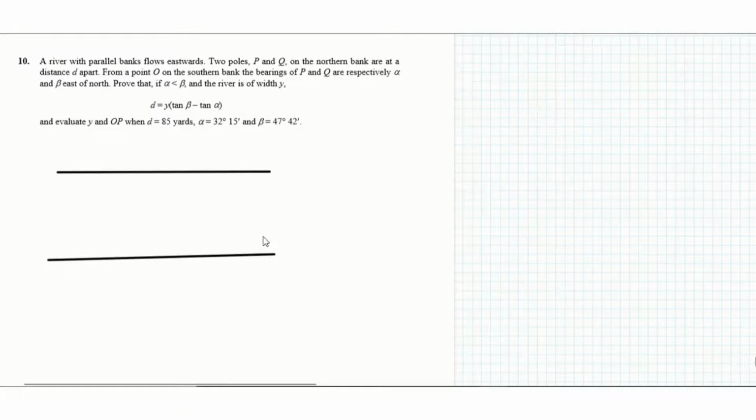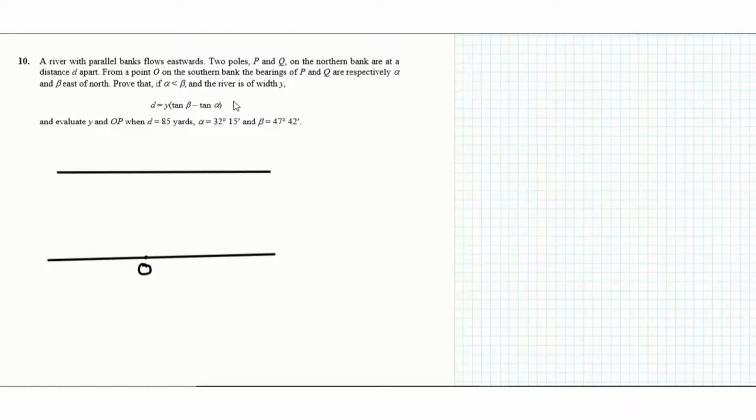And what's the problem here? P and Q are a distance d apart, okay? So from an origin point O on the southern bank, the bearings of P and Q are respectively alpha and beta, and beta is the bearing of Q, and importantly east of the north.